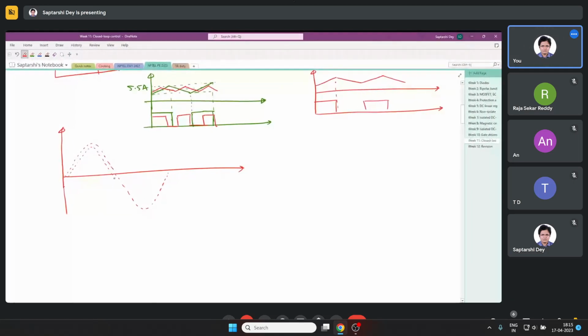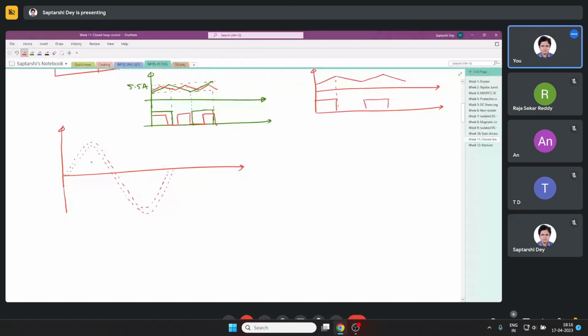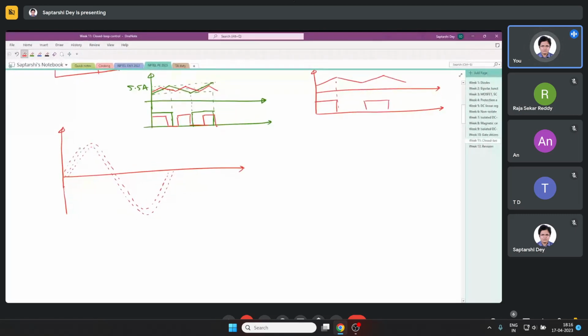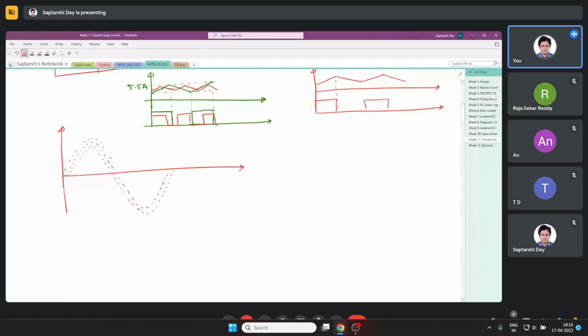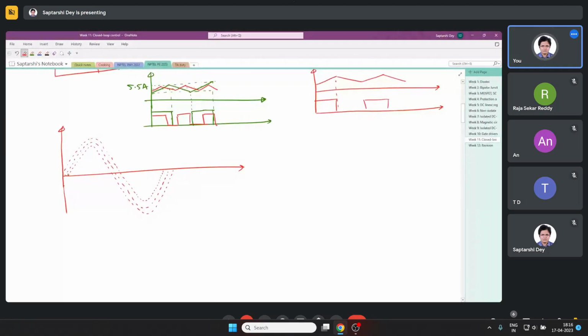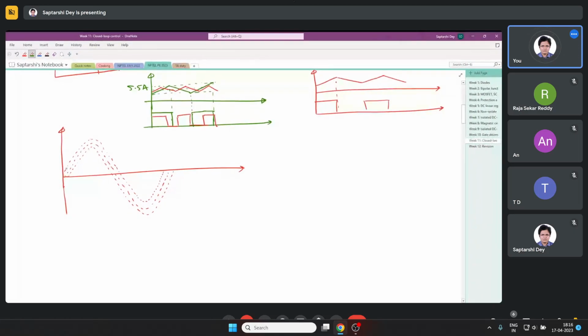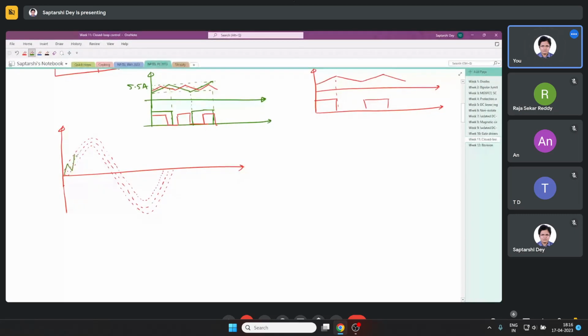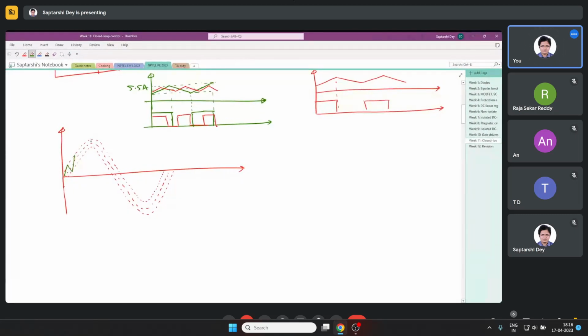So say this one is the lower side band, and this one is the higher side band you provide, and you keep giving the reference. So when you are making your controller circuit, you give a band value, a constant band value, how much band you can tolerate, and you keep giving the reference. So your current will look like something like this.